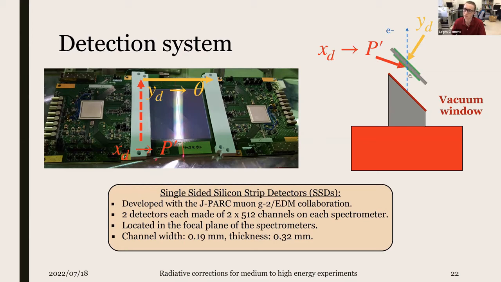The lowest one gives the X position to get the momentum, while the highest one gives the Y position to get the scattering angle, with a channel width of about 0.19 millimeter and a thickness of about 0.3 millimeter.